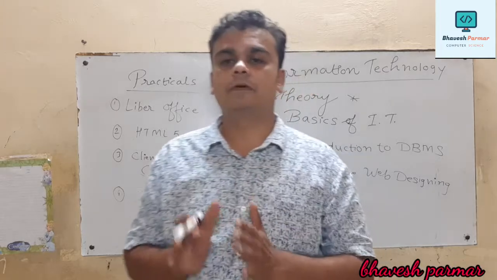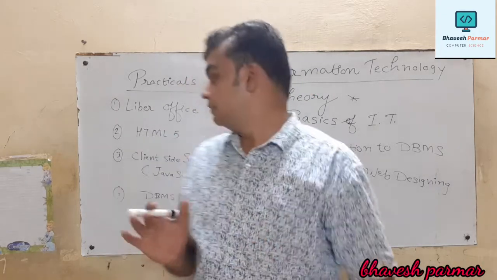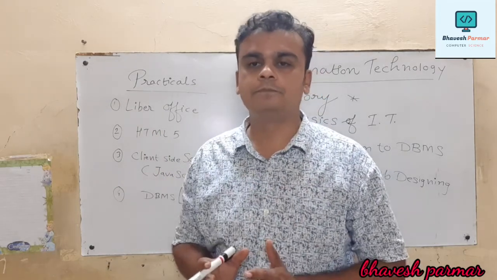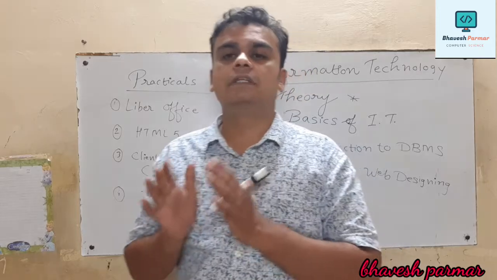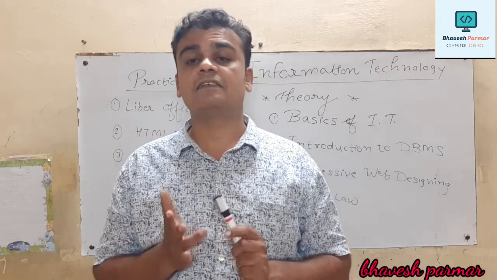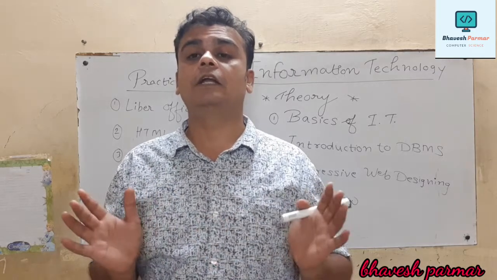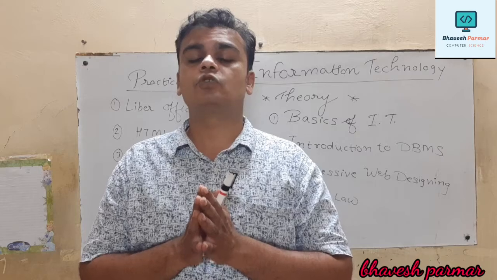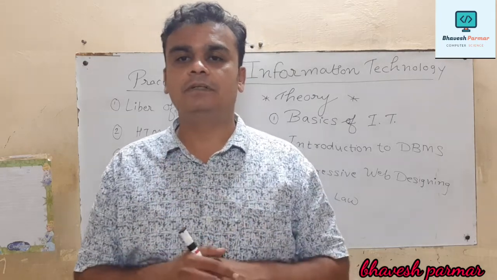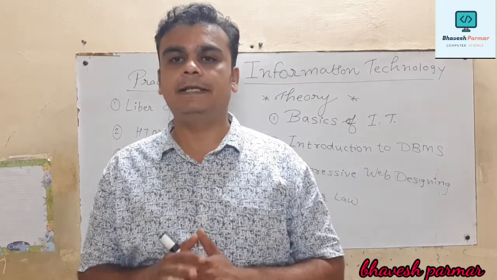But if we see from the science point of view, these 4 points are essential to study for the 11th standard, because the 11th standard book is common for all streams, that is arts, commerce as well as science. So they are trying to club all the syllabus together so that students can easily study it. So guys, let me move to our first concept, that is theory.